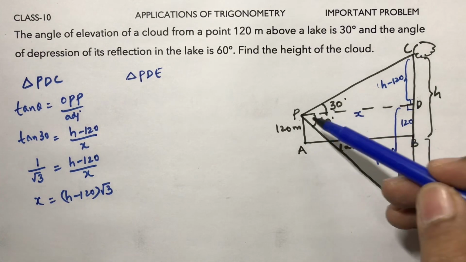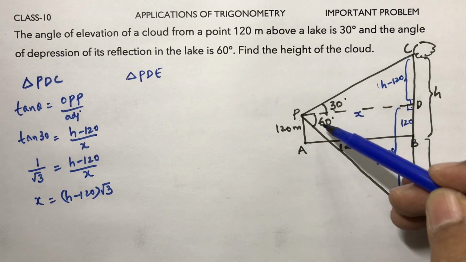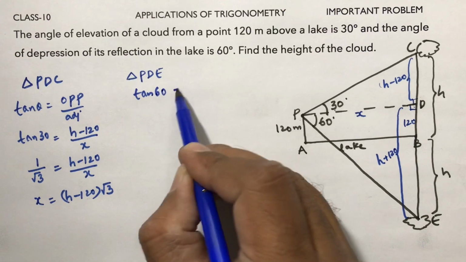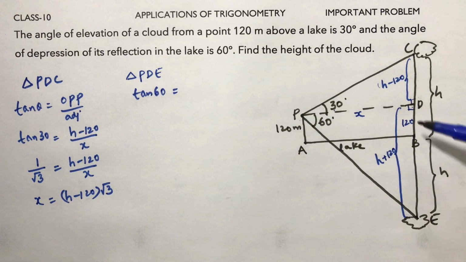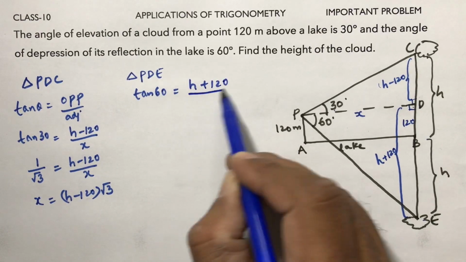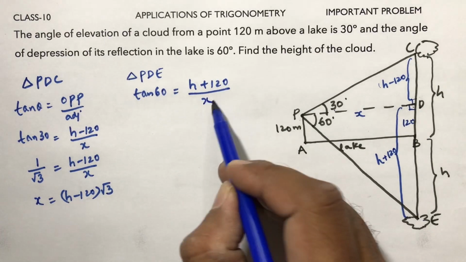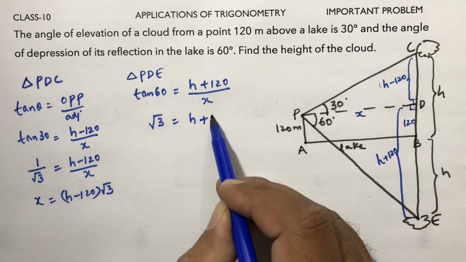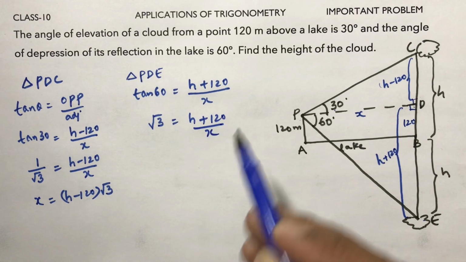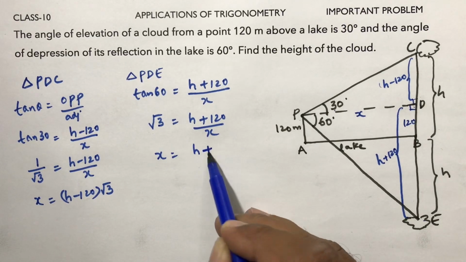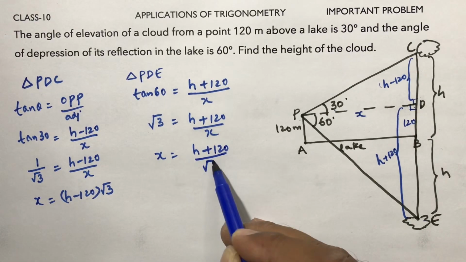Now if you take the triangle PDE, theta is 60. So tan 60 equals, for 60 degrees, opposite is H plus 120 and adjacent is X. Tan 60 is root 3, equals H plus 120 by X. If you cross multiply, X equals (H plus 120) by root 3.